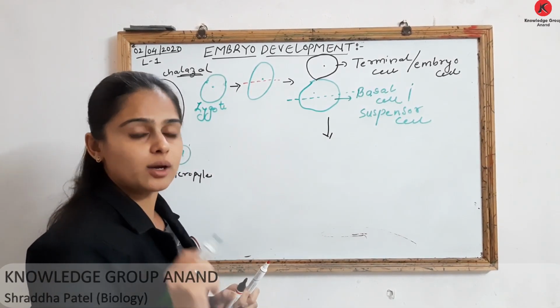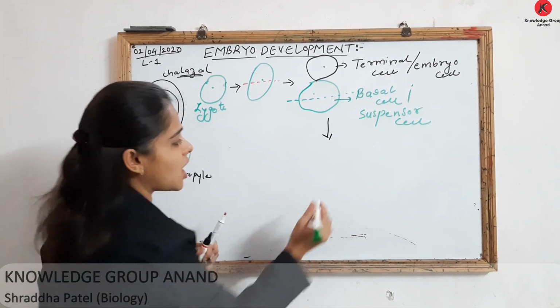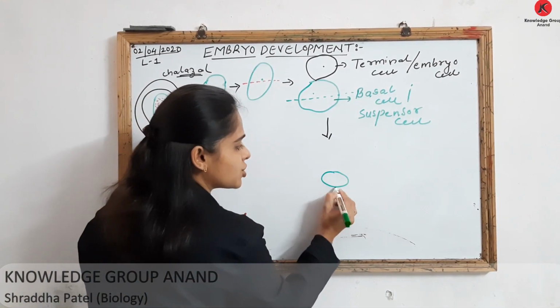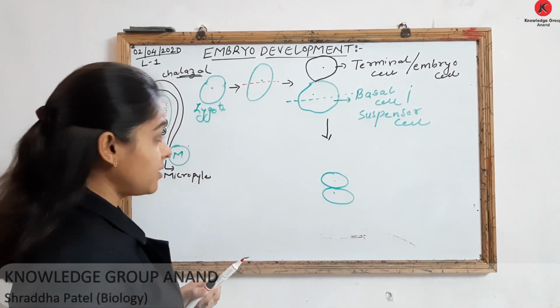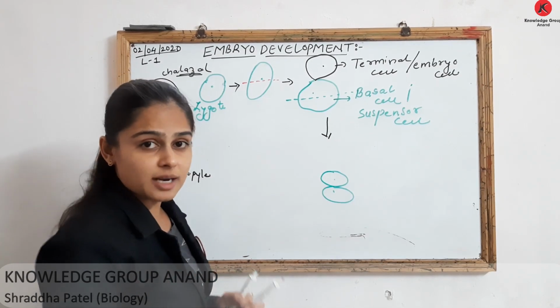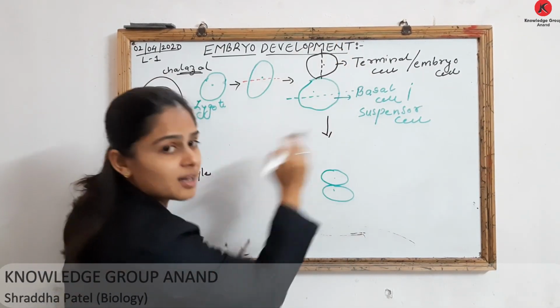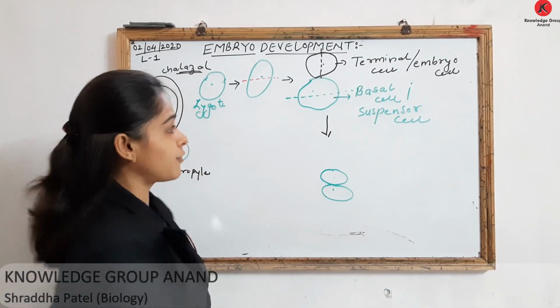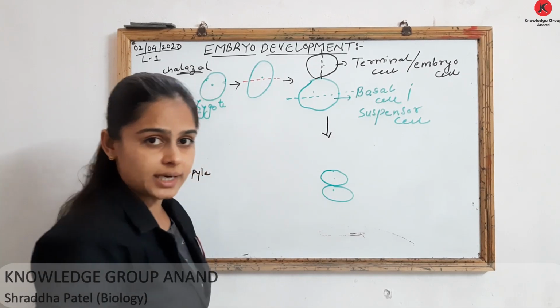The basal cell undergoes another transverse cell division, which results in formation of two cells. And this terminal cell will undergo vertical cell division. Understand carefully: the basal cell undergoes transverse cell division.